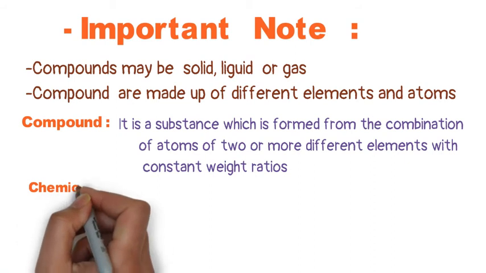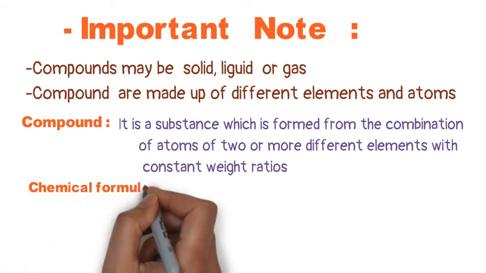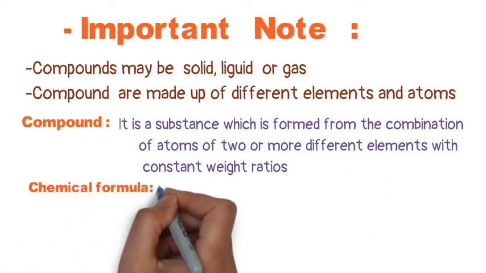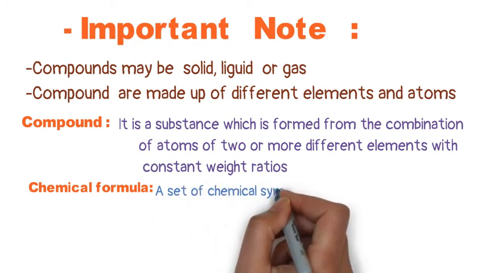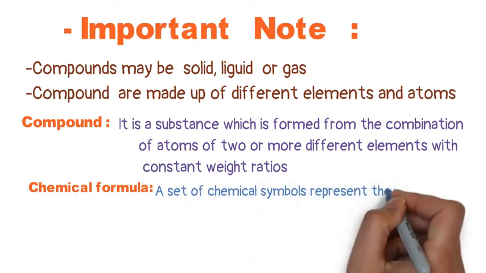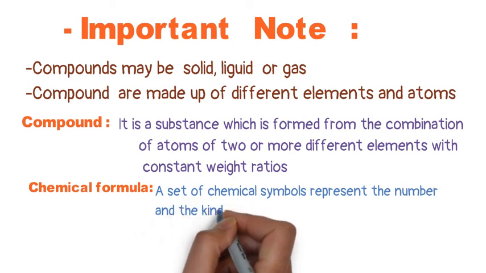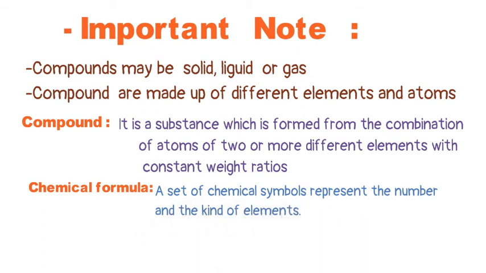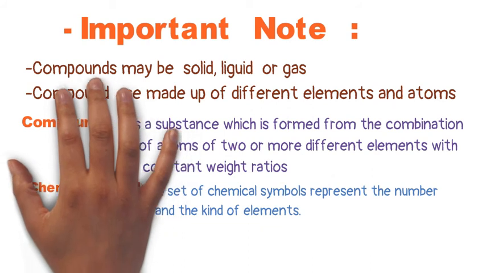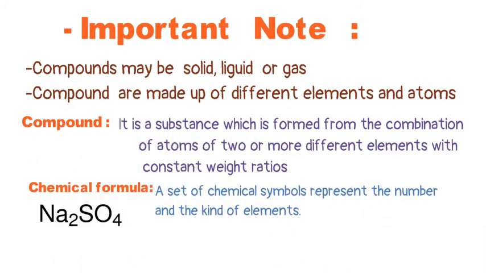Also, we will hear the chemical formula. What is meant by the chemical formula? Chemical formula is a set of chemical symbols that represent the number and the kind of elements inside the compound. Like this example here, Na2SO4. This is the chemical formula for this compound.